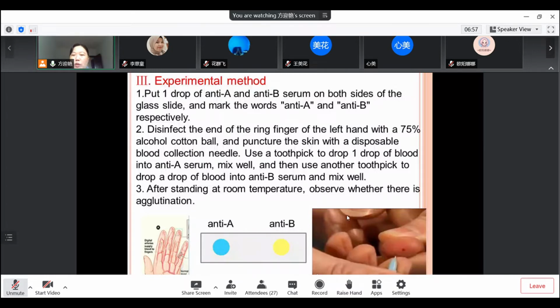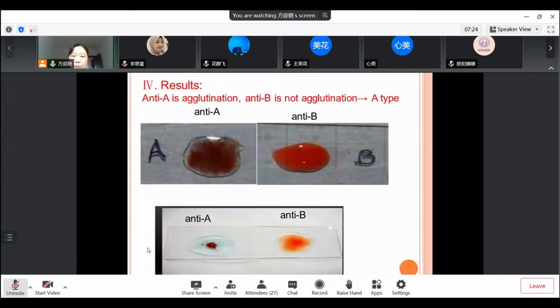And first we should clean with 75% alcohol cotton ball. Then we mix, and we can observe the result, and observe whether there is a granulation, and here we can see the result.